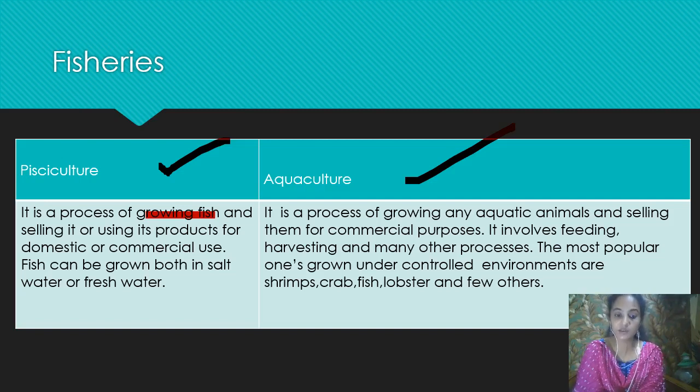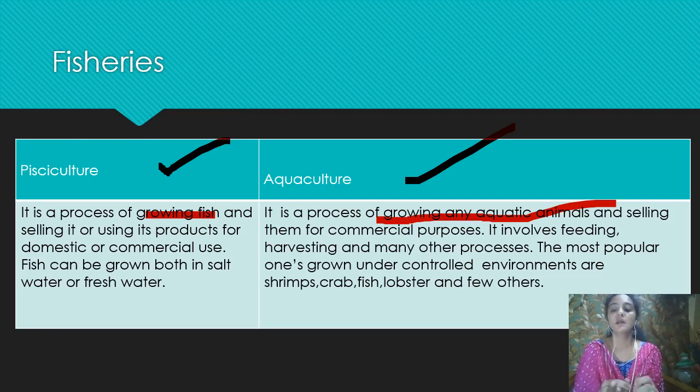But in aquaculture, we are growing any aquatic animals. Here it is specific only to fishes, but in aquaculture, animals other than fishes, like lobsters, crabs, and shrimps, all come under aquaculture. So aqua means water, culture means whatever animals we are growing in that water. So that is the major difference.